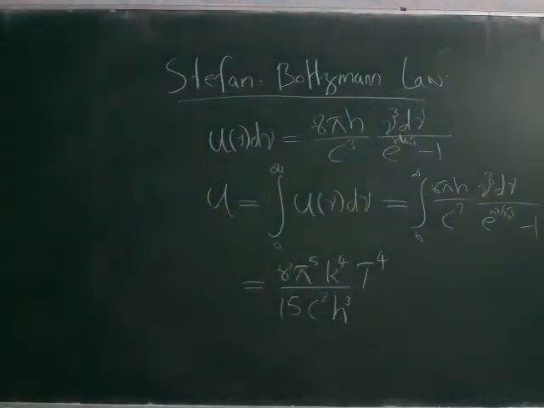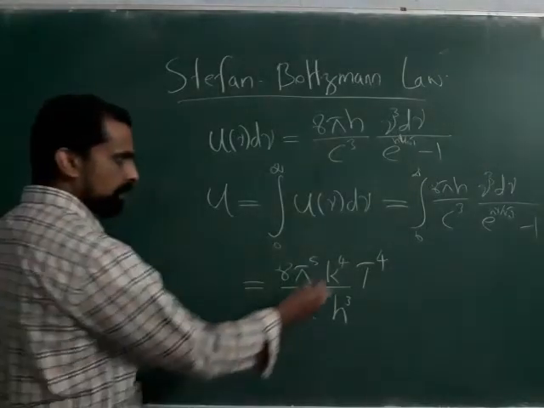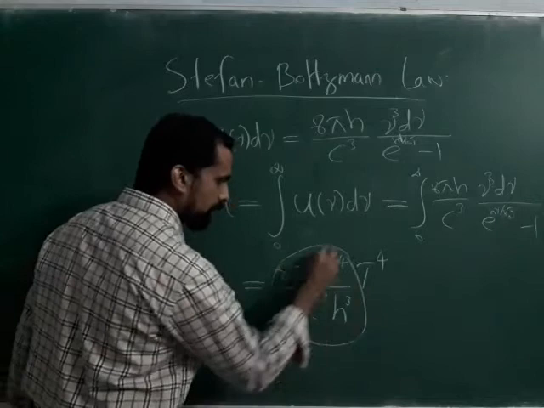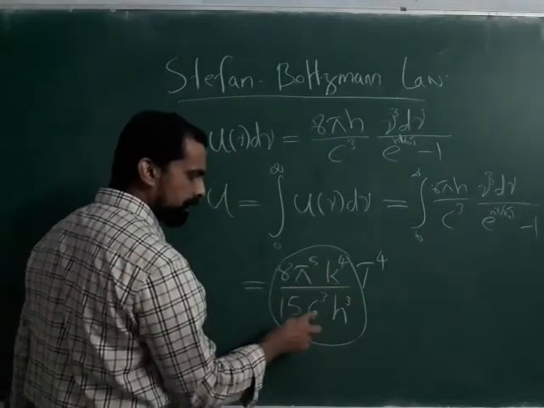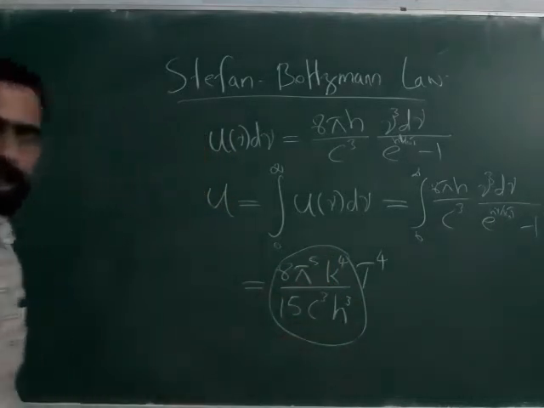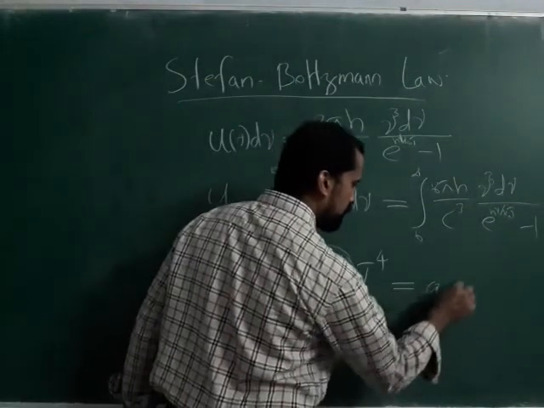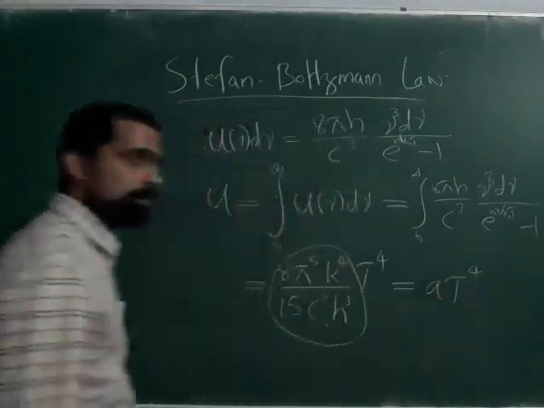So here the only variable is T. Rest of them are constants. Your pi, k, c, h are all constants. So you can just write this as some constant times T raised to 4.